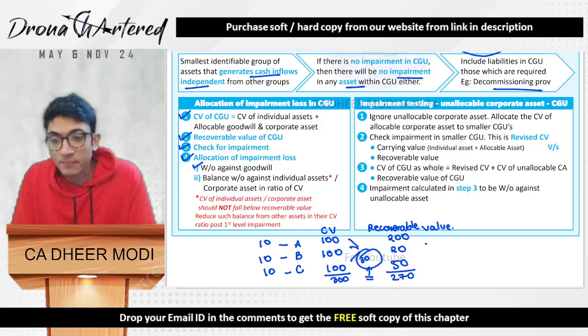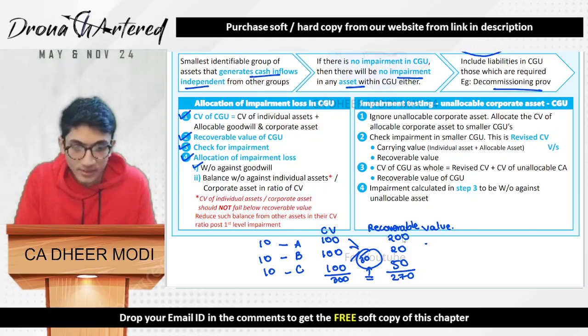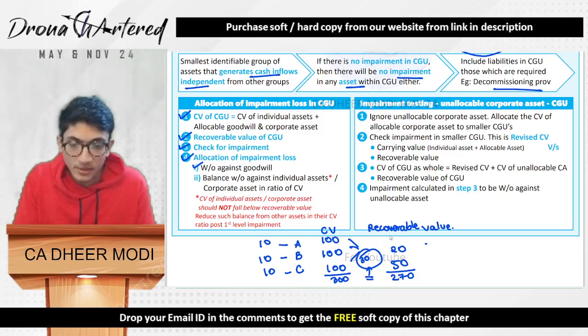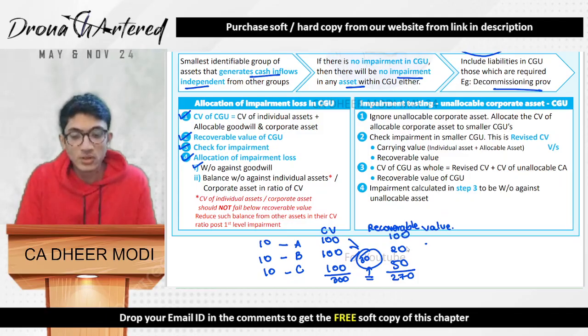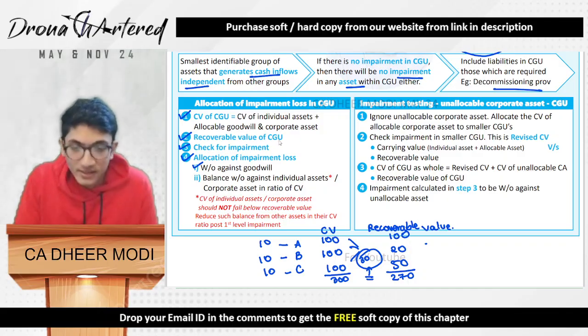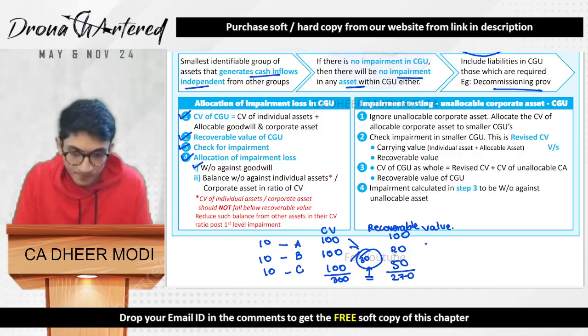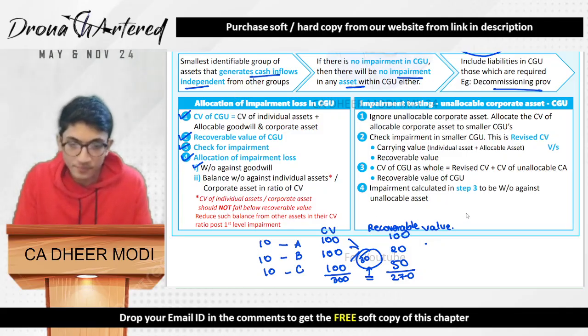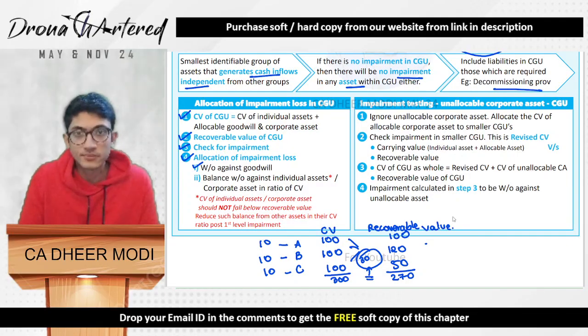But say, for example, this recoverable value was, say, 100. Okay, so now to bring it to 170, we'll have to assume this is 120.